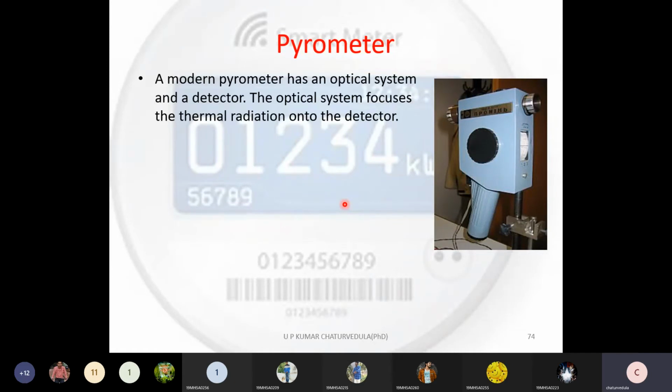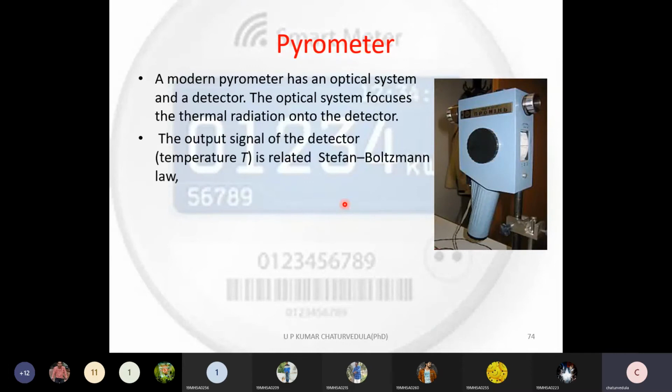Optical means viewing electromagnetic intensity or light at any wavelength. The optical system is useful for observing the thermal radiation, and the detector detects the amount of energy that is radiated.